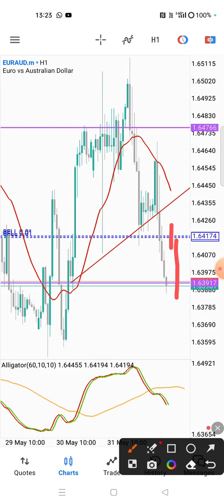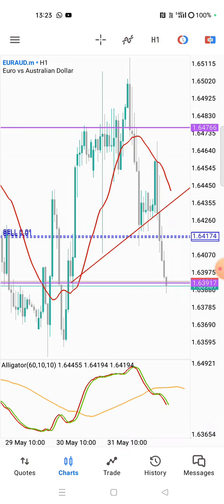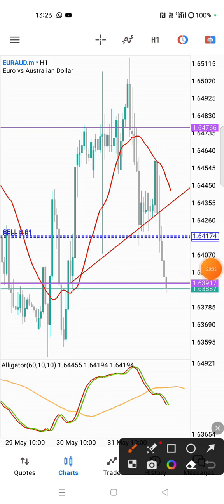Okay. Now, since I'm using the H1, it's already going to the third hour. Once this current candlestick is closed, I'm already 3 hours in the trade. After 3 hours, I've already achieved my first 20 pips. I don't mind waiting for quite some time, because I think there's no easy way to earn money, no matter what. Even if you want to be a robber, you still have to take time.